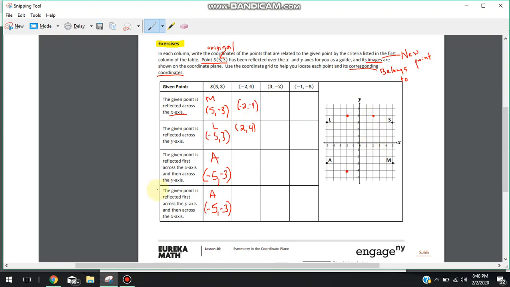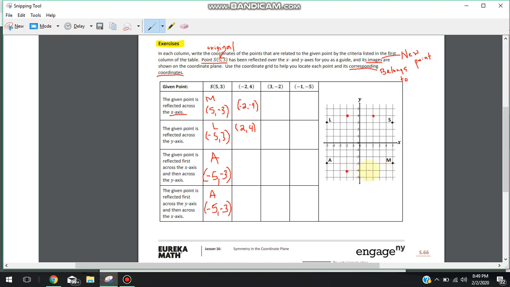Alright, so now this one's where it gets tricky. There's 2 steps. So I'm starting at my original point, and I need to first reflect over the x-axis. So that's this point, right? Because I already did that one. And then reflect over the y-axis. So from here, reflect this direction. So I'm 2 away from the y-axis now.